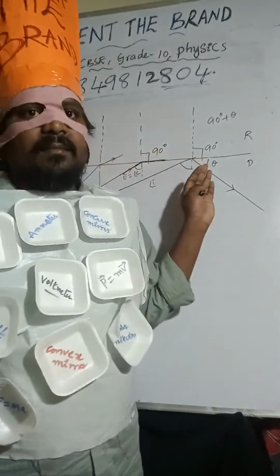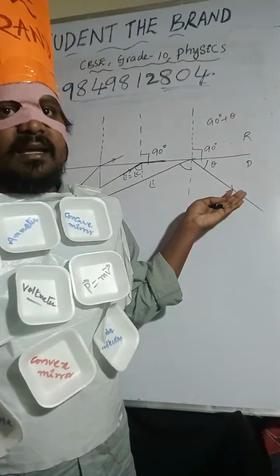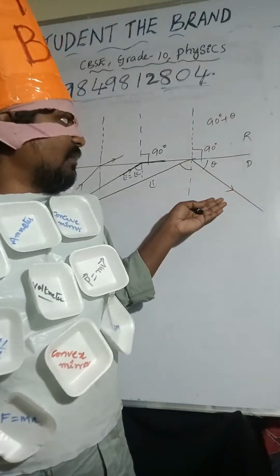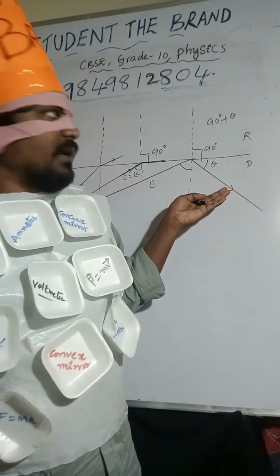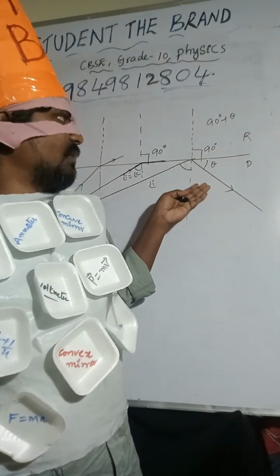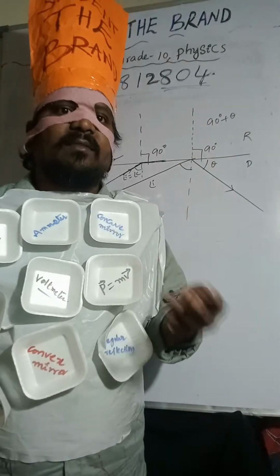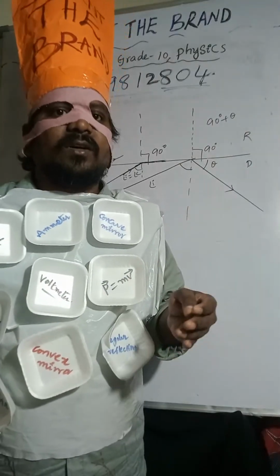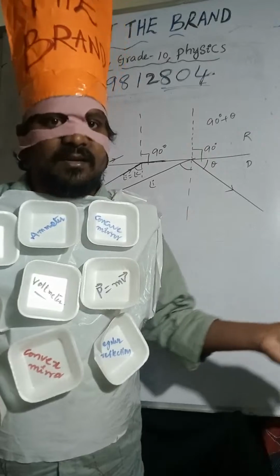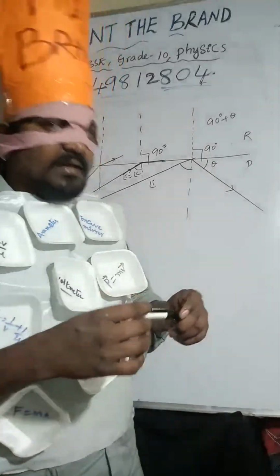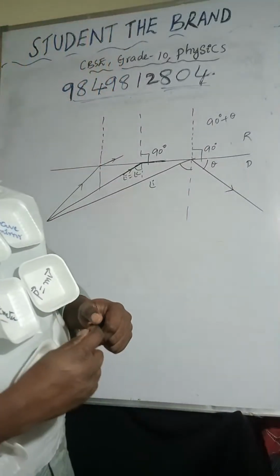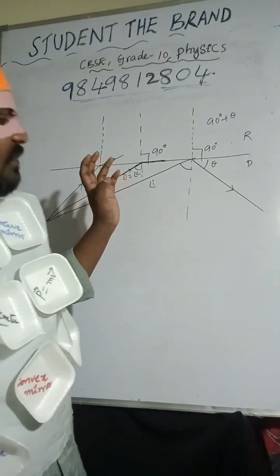If the light ray makes more than the critical angle, then it will reflect back into the same medium. So that is about total internal reflection. Total light internally reflection takes place. Next one.